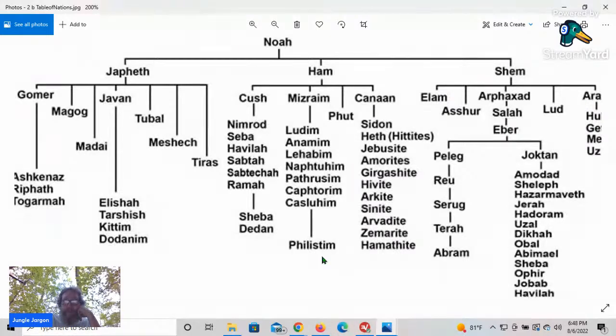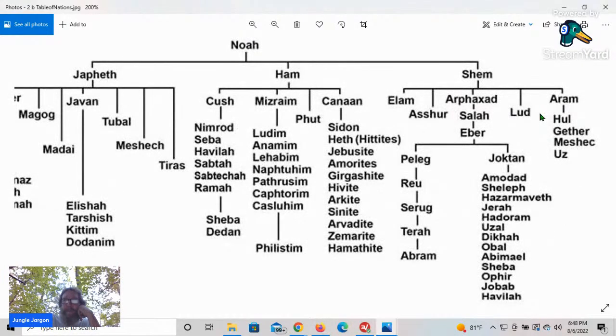So let's check this out. The only problem is that it's not in the order listed: Elam, Asher, Arphaxad, Lud, Aram. Lud and Aram are one of the last ones born.